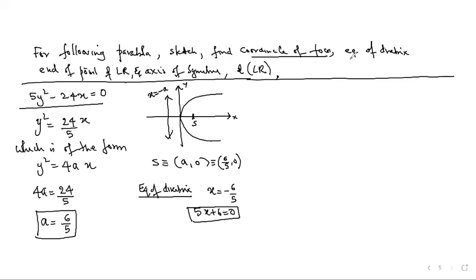Then this is over. End point of the latus rectum. Just have a look at the focus, 6 by 5. So it will be a comma plus or minus 2a. So 6 by 5 comma plus or minus double of it, 12 by 5.